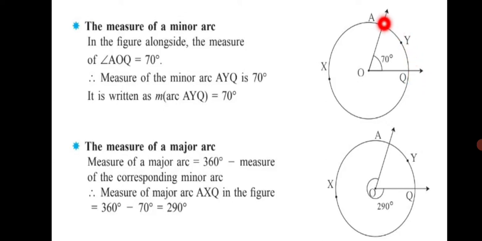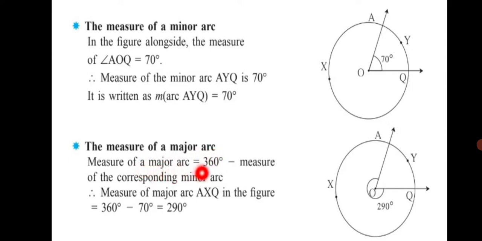Now, if I know the measure of the minor arc, can I find the measure of the major arc? Yes, we know that a complete angle is 360 degree. So from 360, if I minus the measurement of minor arc AYQ, I will get the measurement of major arc AXQ. So let's learn about the measurement of a major arc.